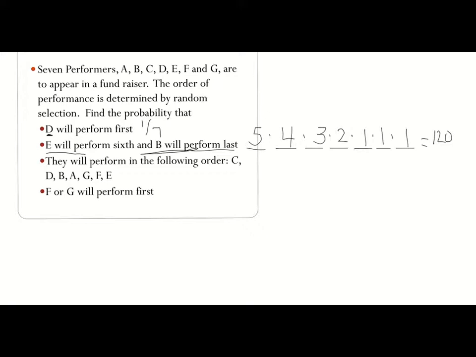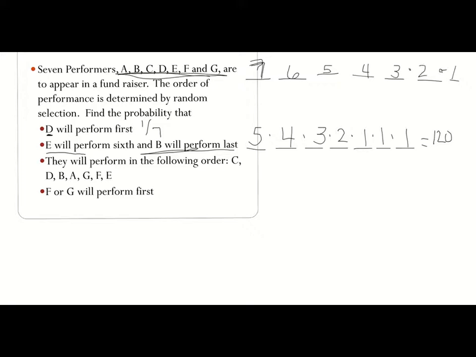Now, I need to find the total for just the 7 performers. I need to find that bottom number. If they were to perform in any random order, it would be 7 factorial, because we have 7 to choose from, then 6, 5, 4, 3, 2, and 1.